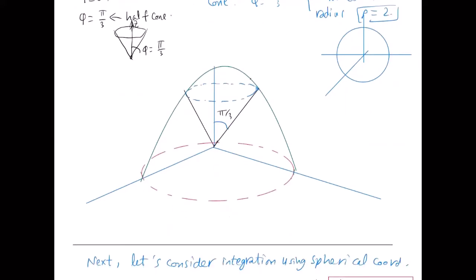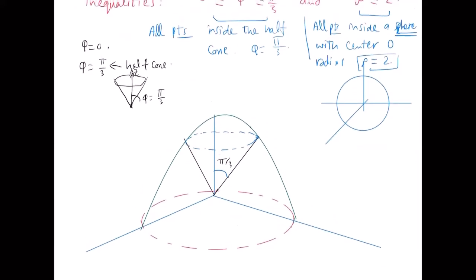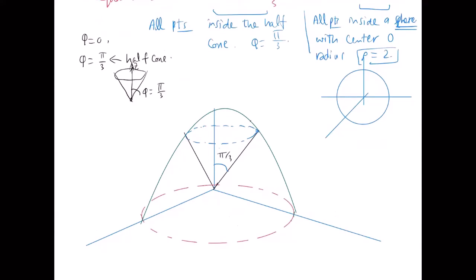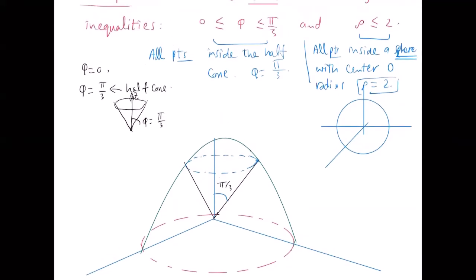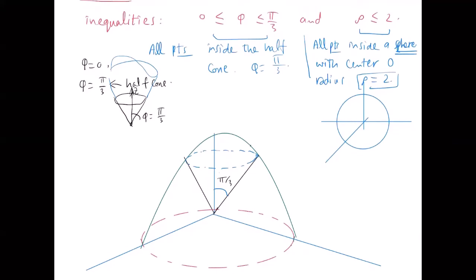So we sketch this upper half cone with semi-vertex angle pi over 3. We need the points inside this cone. But notice that this cone is infinite. It is extended up there, but we don't go for infinity because we are restricted to be inside this sphere. We need rho to be less than or equal to 2.